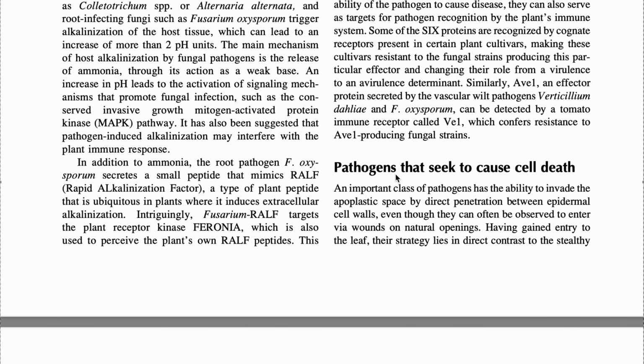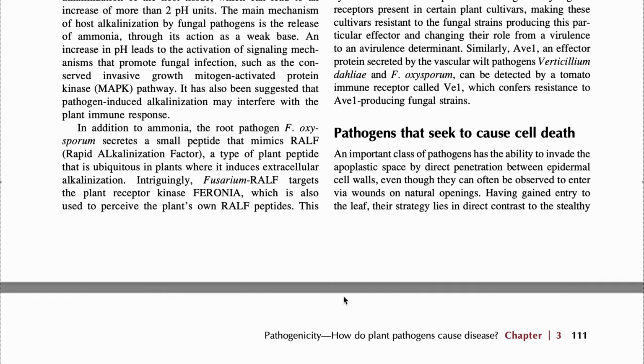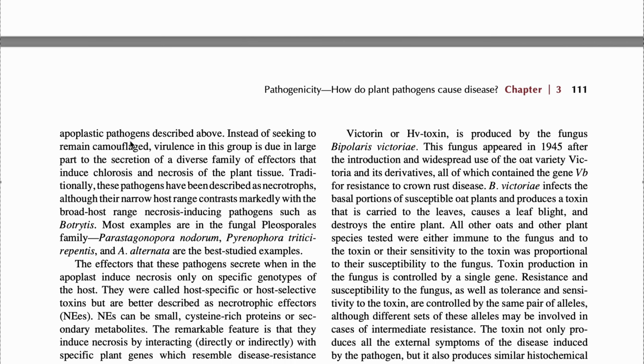Now, pathogens that seek to cause cell death. An important class of pathogens has the ability to invade the apoplastic space by direct penetration between epidermal cell walls, even though they can often be observed to enter via wounds or natural openings. Having gained entry to the leaf, their strategy lies in direct contrast to the stealthy apoplastic pathogen described above.